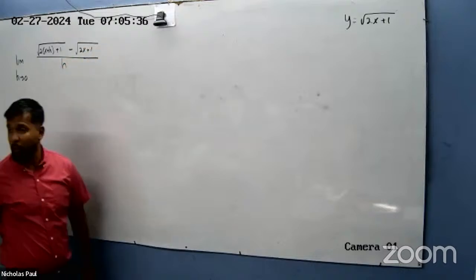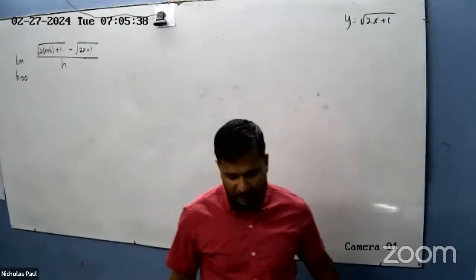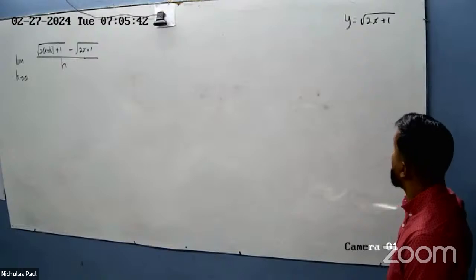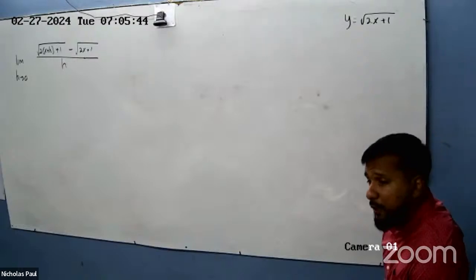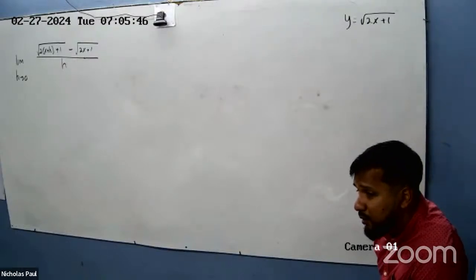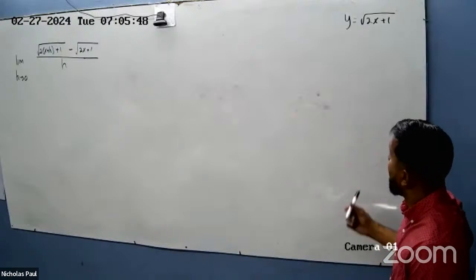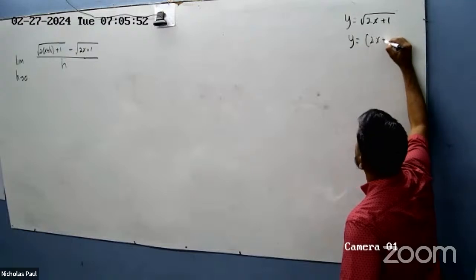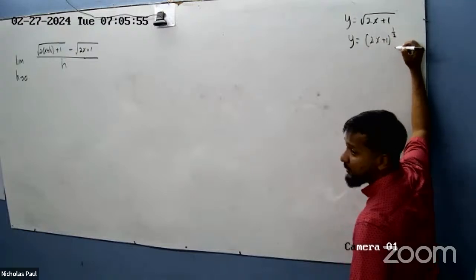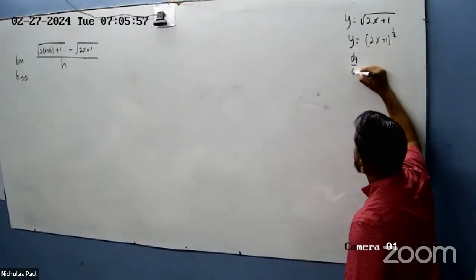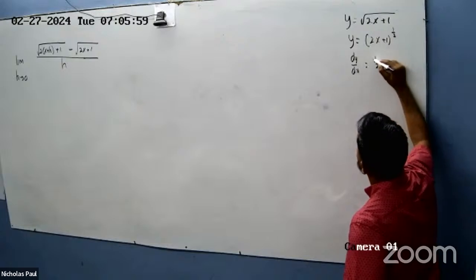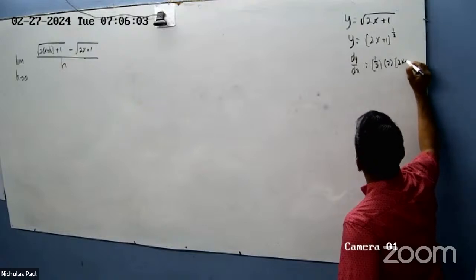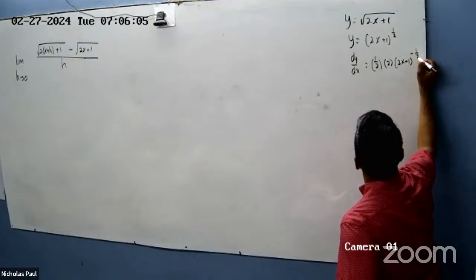Right, what did you all come up with? What's the differential of that? We know this is 2x plus 1 to the half. So dy/dx is you bring down the half, you differentiate inside the bracket, you put back the bracket, and you minus 1 from the power.